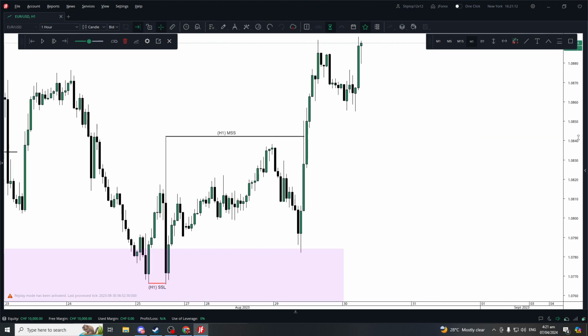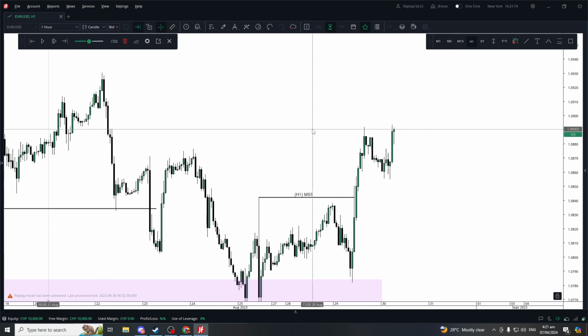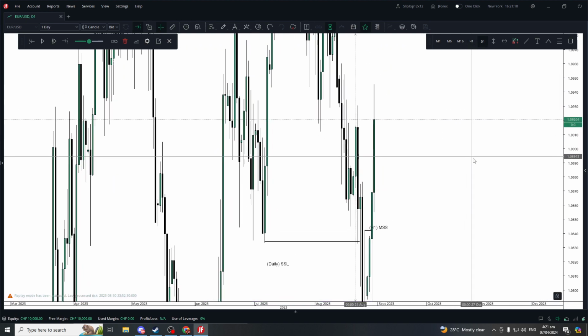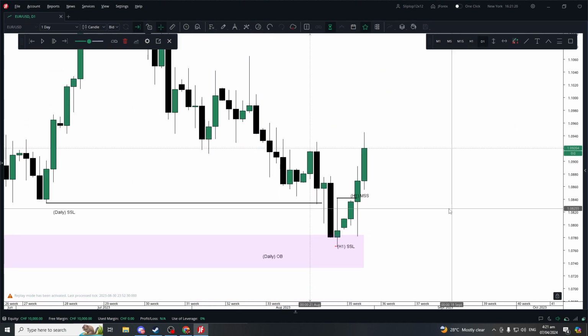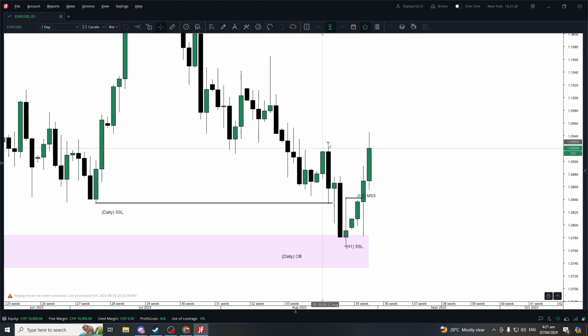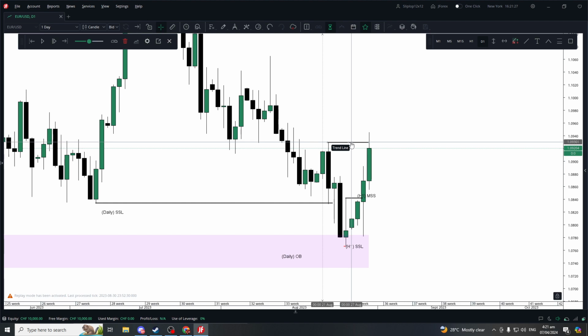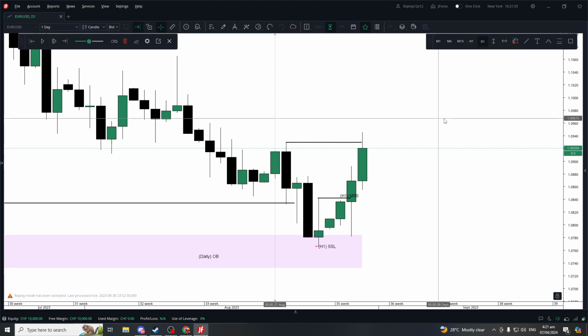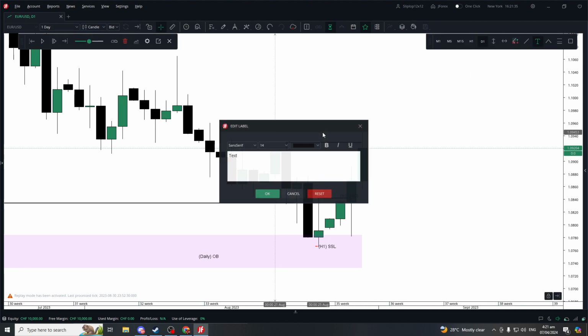So okay, if we go to the daily, the target has been reached already. It has been completed for the buy side delivery.